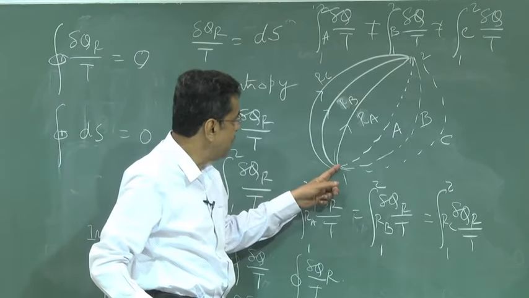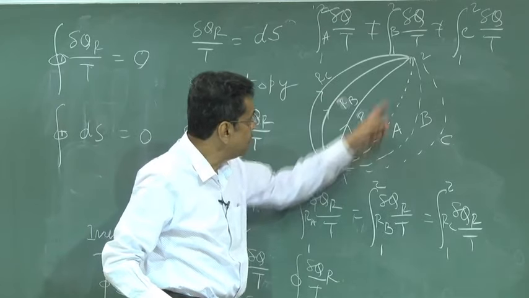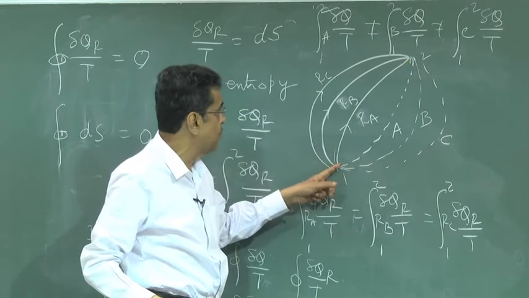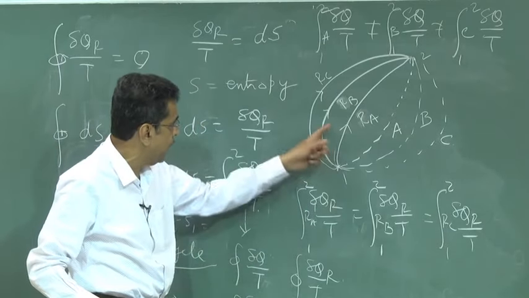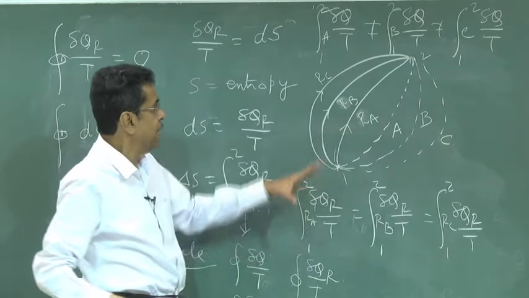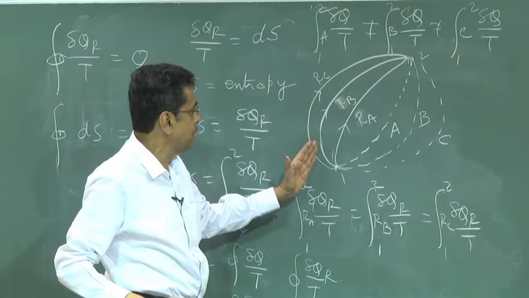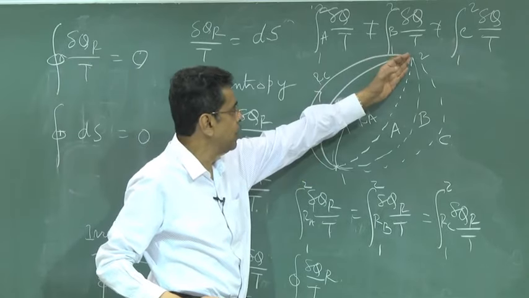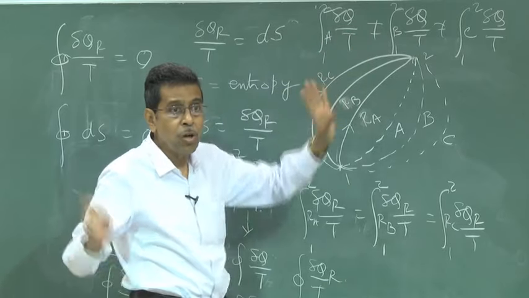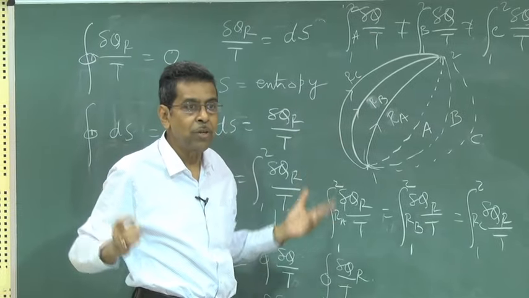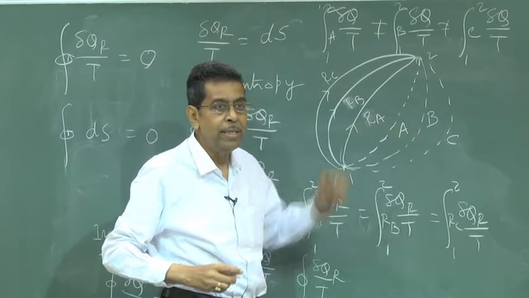But the entropy change, S2 minus S1, is given by the integral of del q_R by T along any reversible process, because they are the same. That means del q_R by T by any reversible process is the same, because they are point functions that define the entropy change. While for irreversible processes, del q by T is not the entropy change. It is simply del q by T integrated over the process, and these are different for different irreversible processes.